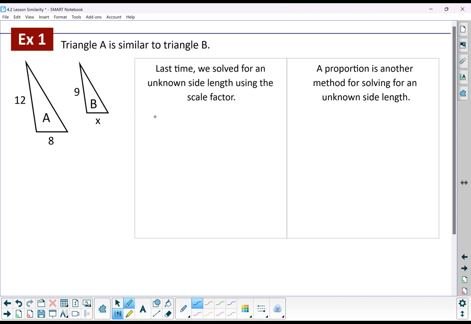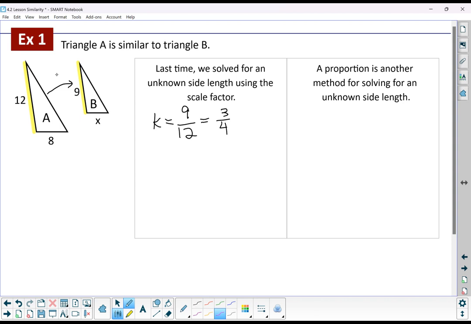To find the scale factor, we have to find a couple of corresponding sides. We've got this one that is a length of 9 and this one that is a length of 12. We want to put the new over the original, so 9 over 12, because we're thinking about it in this order. So our scale factor is 3/4.